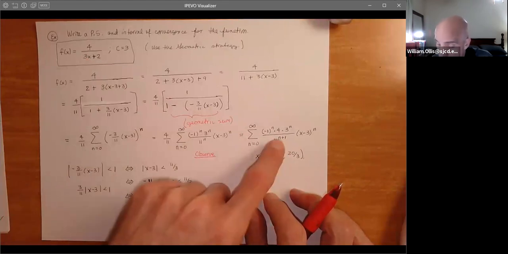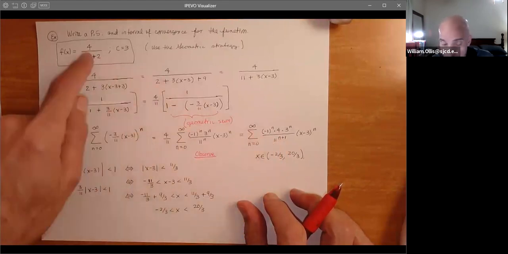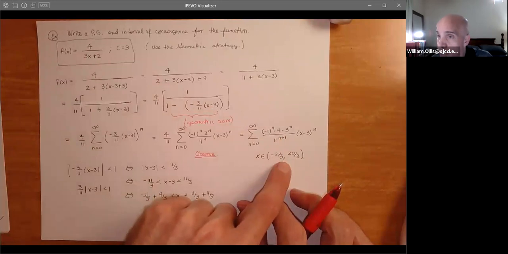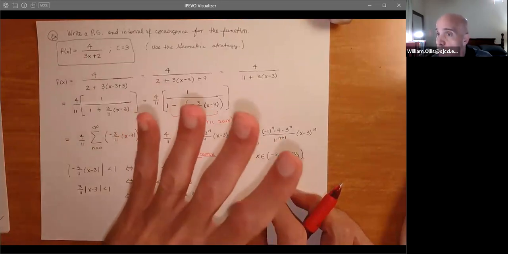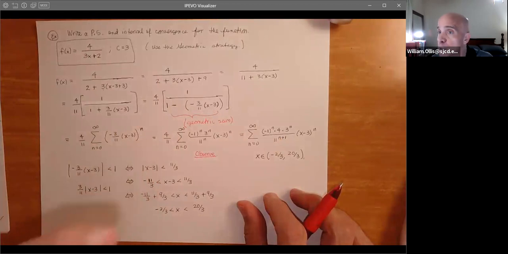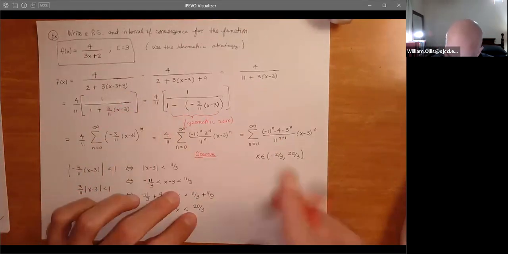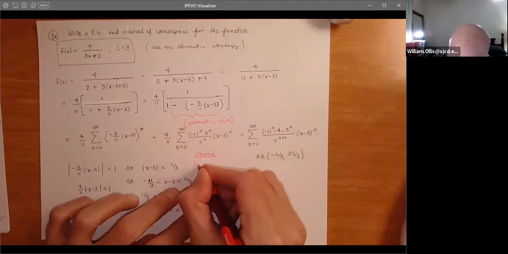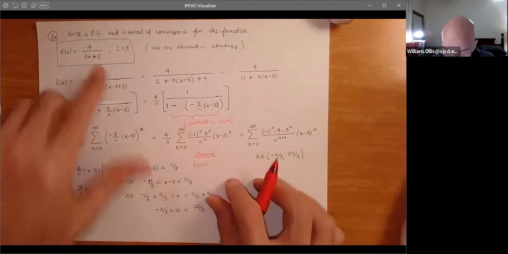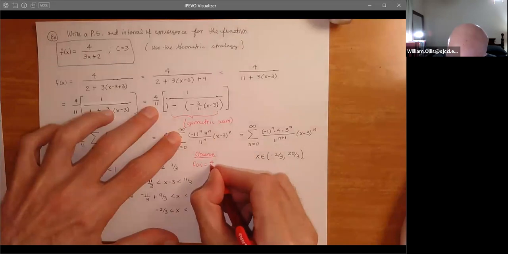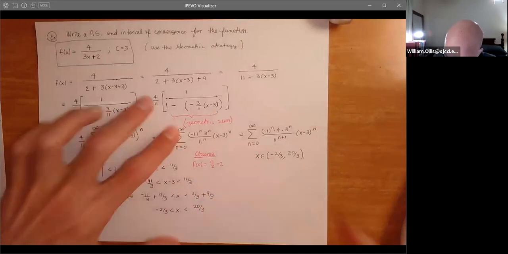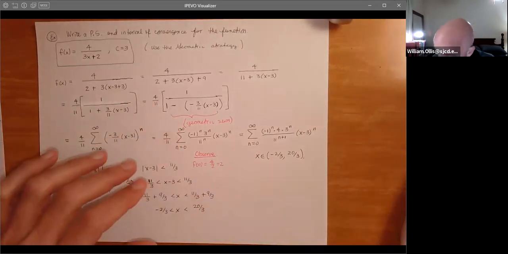This is identical to this as long as x lives in here. That's what we have to know, especially since the interval of convergence is not all real numbers. So if we observe that f of 0, in this case, is just 4 over 2, which is 2, then we should be able to verify this.